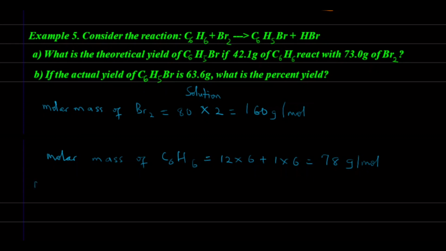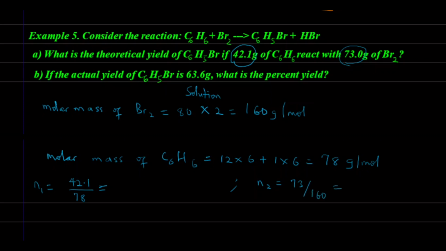That means the number of moles of the first reactant is going to be mass over molar mass. The mass of the first reactant is 42.1 as given in the question, divided by its molar mass, 78 gram per mole. Then for the second reactant, which is the bromine molecule Br2, the mass given is 73 grams of bromine molecule, 73 over its own molecular mass, 160.